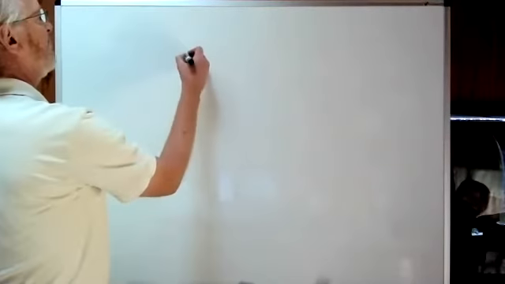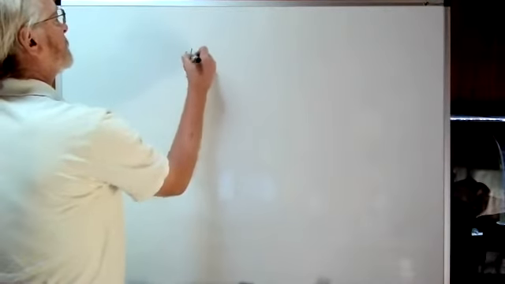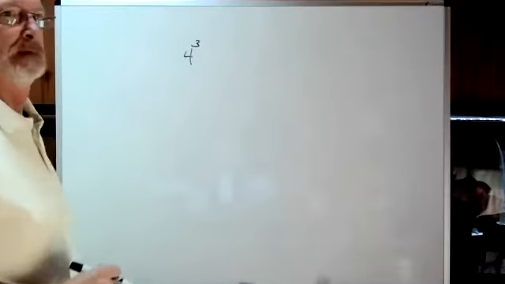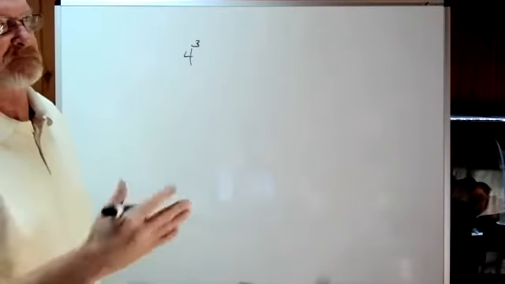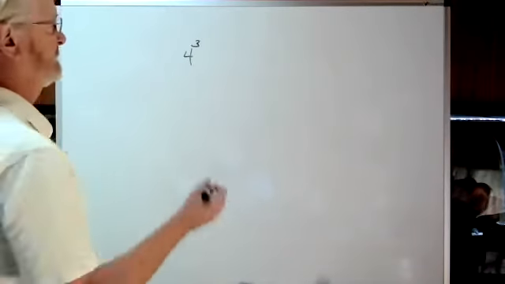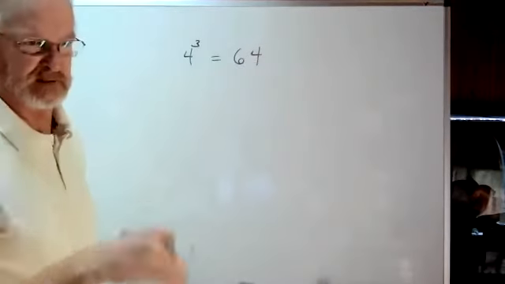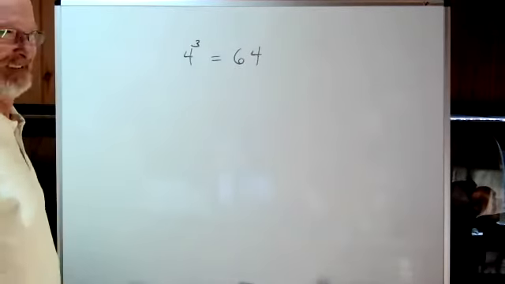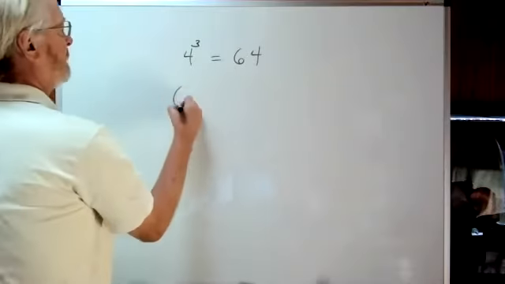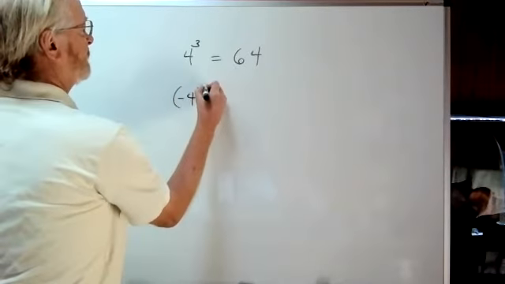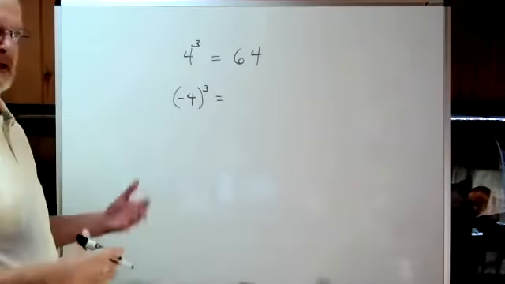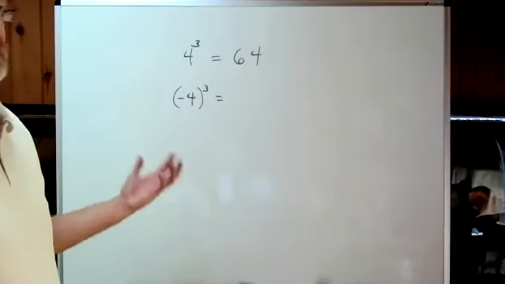Let's say I do 4 cubed. Well, 4 times 4 is 16, times another 4 is 64. I do this a lot, so I know those numbers. Now, if I do -4 cubed, like that last example, that negative sign is part of the base.